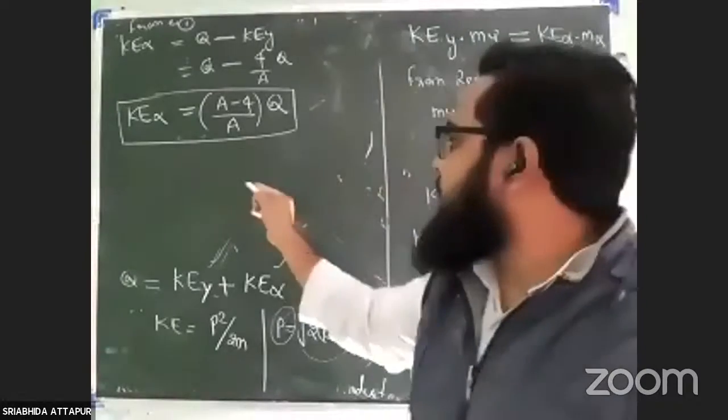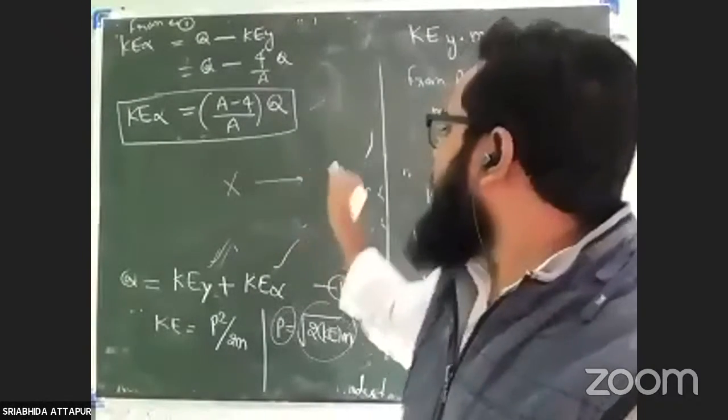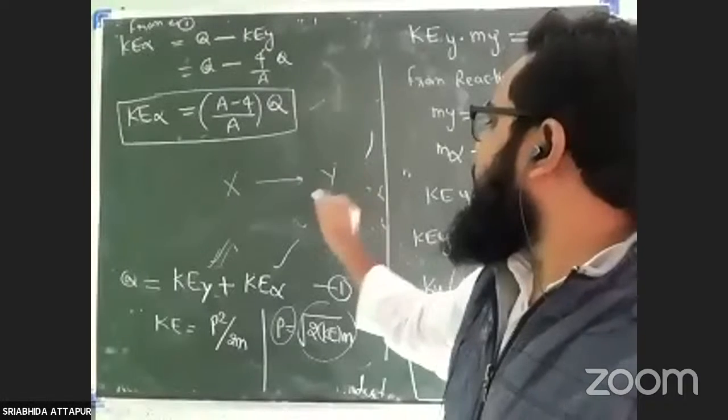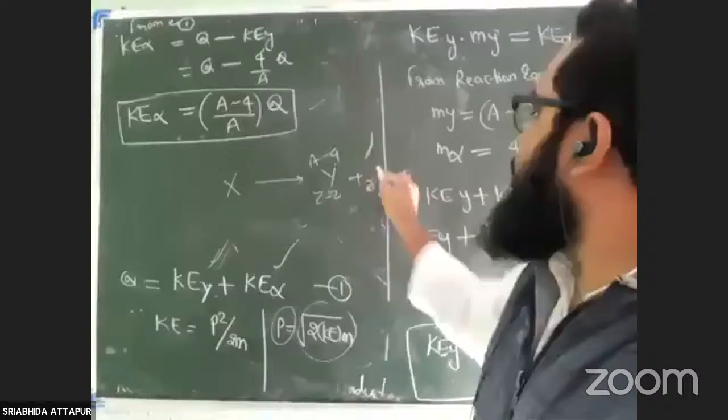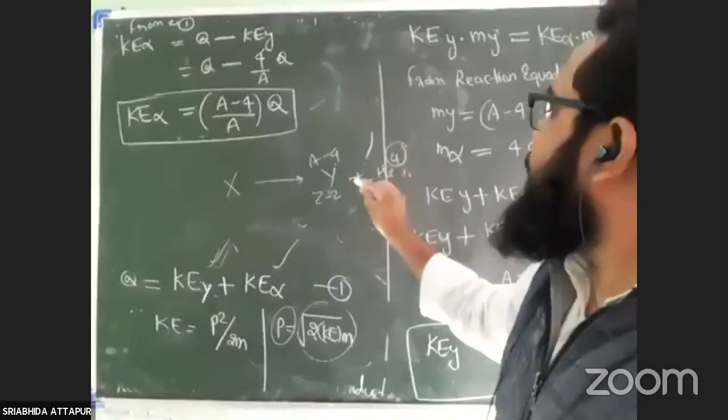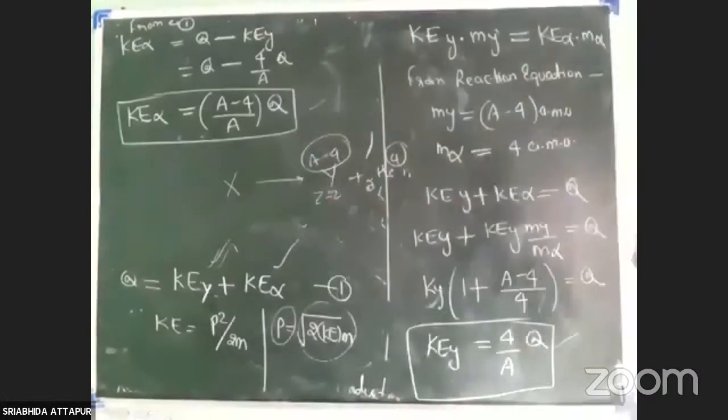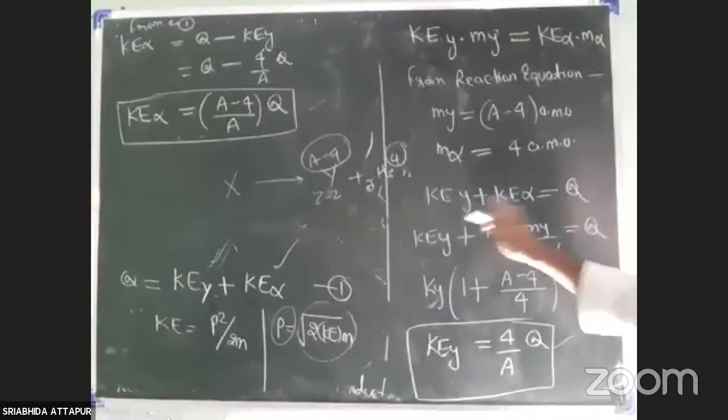How? Array reaction. This was x, and after that it converts into y, so this will become Z minus 2, A minus 4, and this was 2He4. So this mass is 4 mu, and this mass is A minus 4 mu.